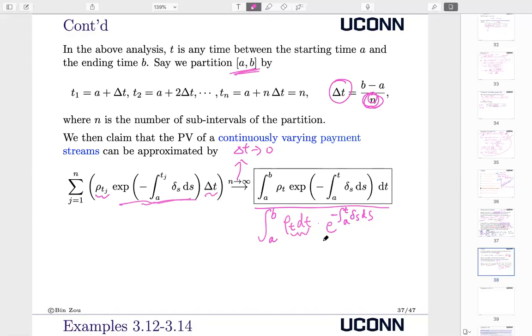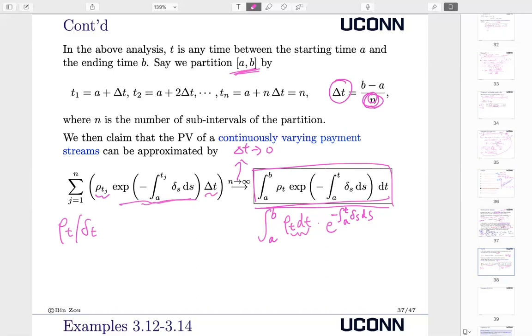Now let's use a few examples to help us understand the meaning of this general result of present value. As mentioned, here it's rather a general case because both the payment rate rho t and the force of interest delta t can be functions.